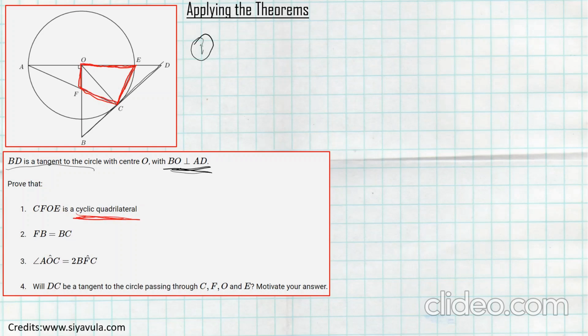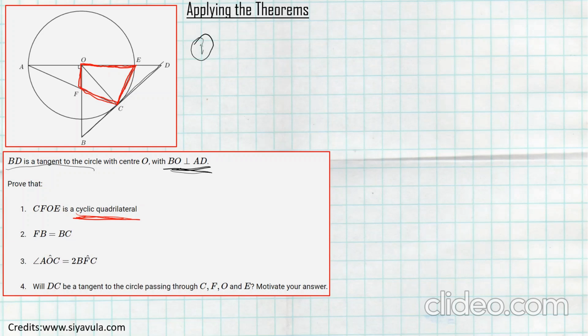Is a cyclic quadrilateral. Okay, so in the other session we showed you three ways in which you can prove if a quadrilateral is cyclic. Number one, if you manage to prove that this angle is the same as this, then you deduce it is a cyclic quadrilateral by converse angles in the same segment.